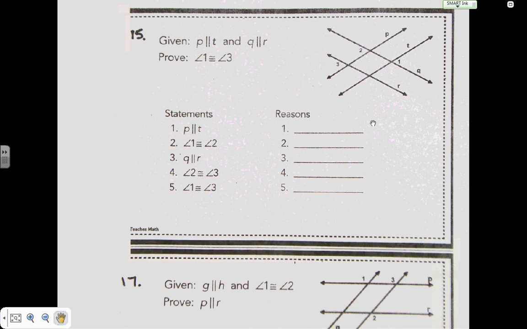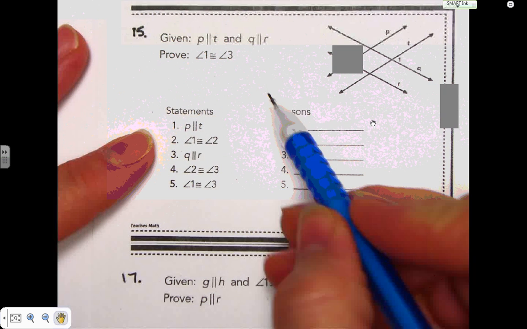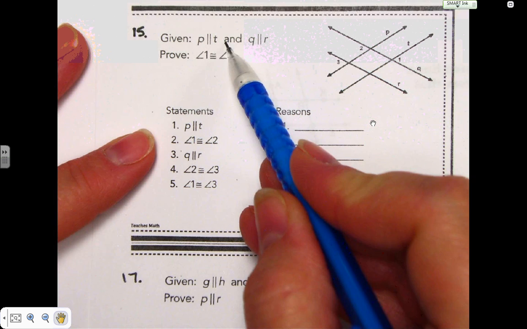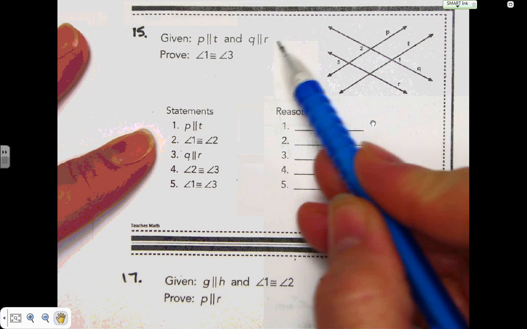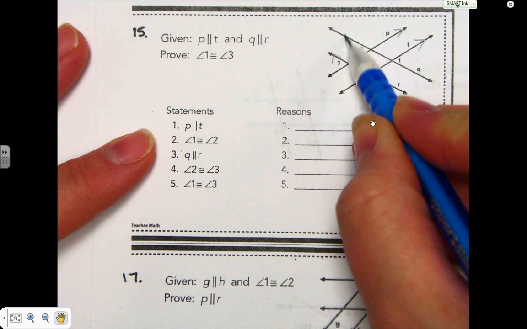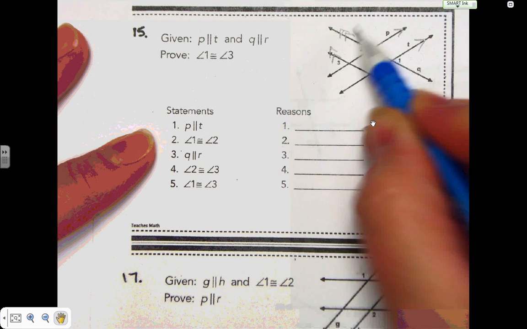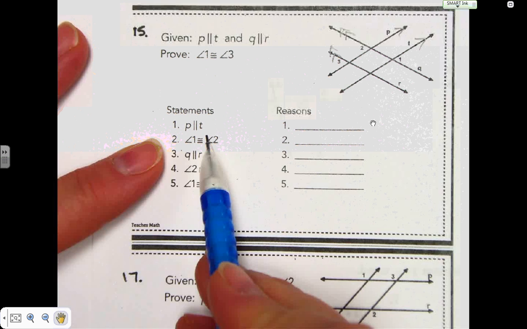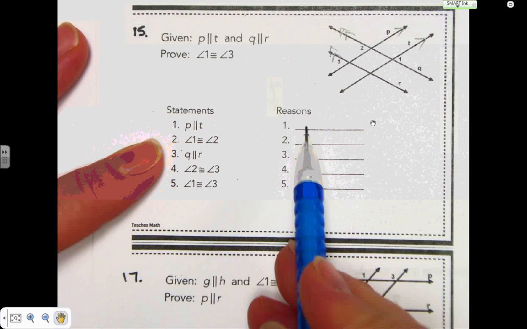Okay? So, in this problem, it says P is parallel to T, right? And Q is parallel to R. So these are parallel, and these are parallel. Okay? Now, P parallel to T, what would my reason for that be? Given.